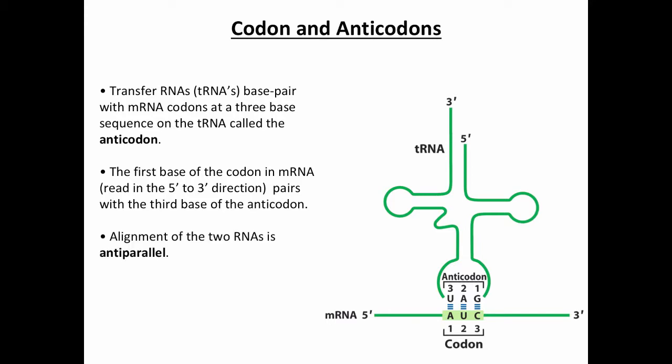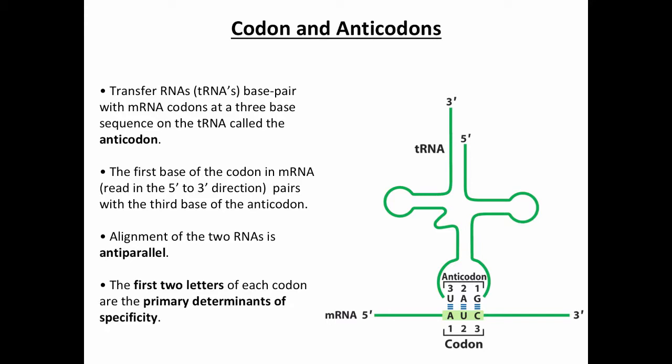And just like in DNA replication, or whenever you make any type of DNA-RNA hybrid, or any type of base pairing of nucleotides, the alignment of the two RNAs, that is the tRNA and the mRNA, is anti-parallel. So the tRNA is going from 5' to 3' in this direction, and the mRNA is going from 5' to 3' in the opposite direction.